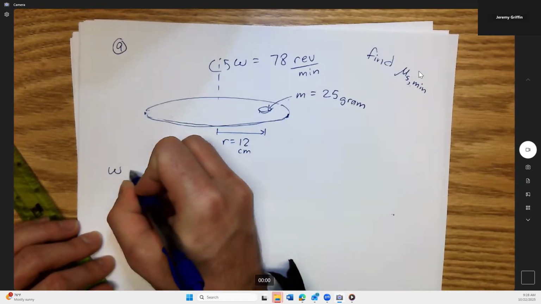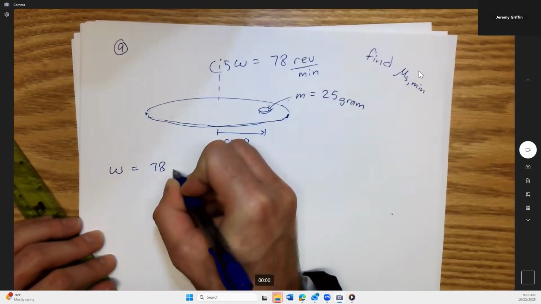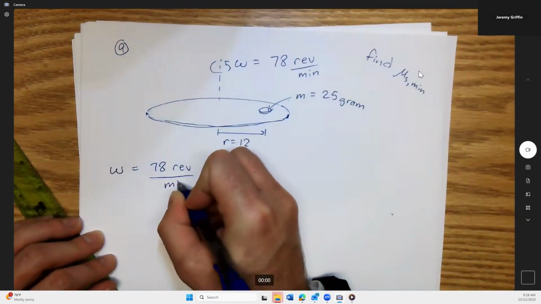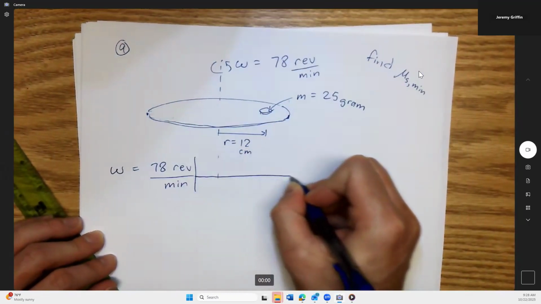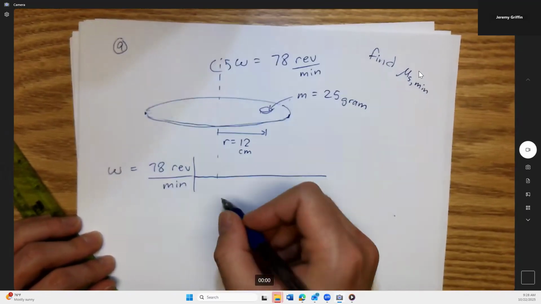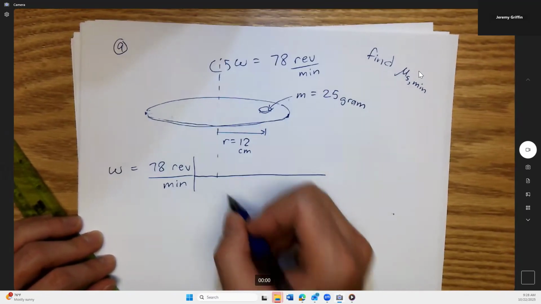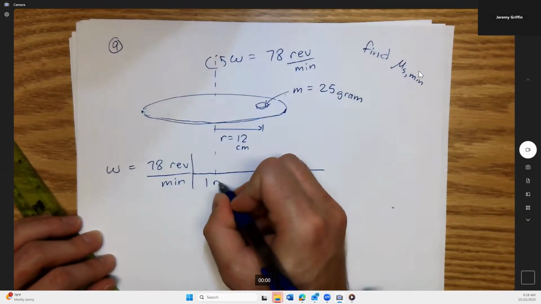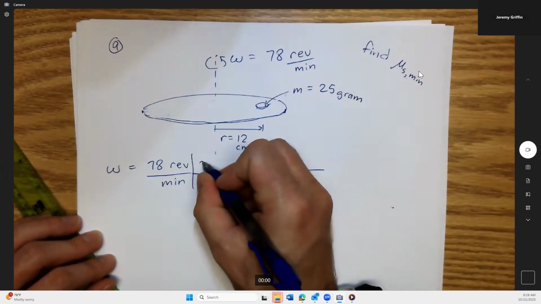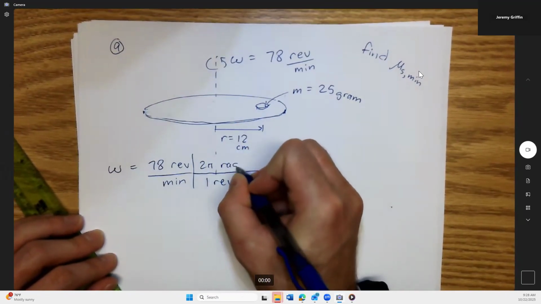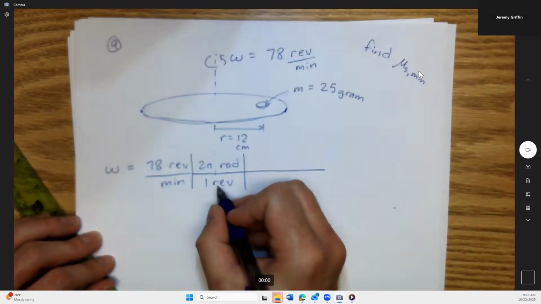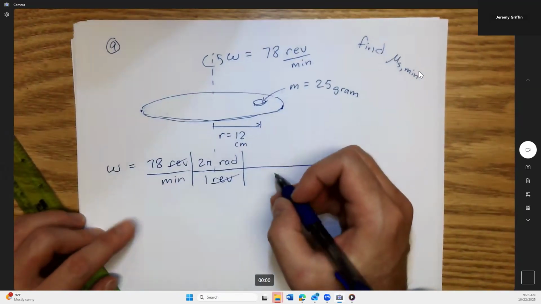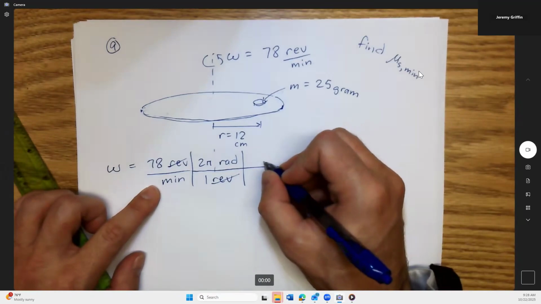I'll say omega equals. So we got the 78 revolutions per minute. Okay, so what's the next step? One revolution is how many? 2 pi radians. And I don't want minutes, I want seconds.